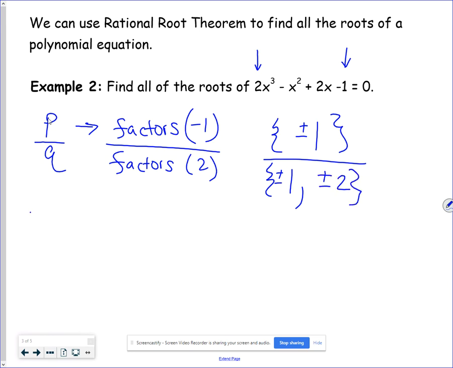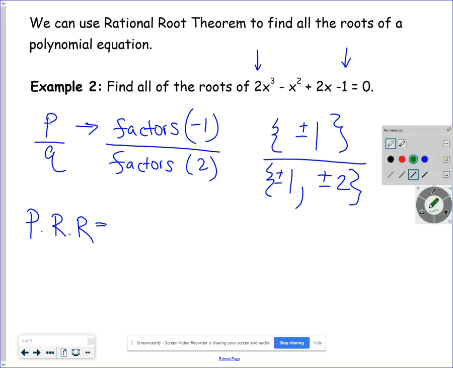So I want to generate this list. I'm going to call this my list of possible rational roots, so we're just going to call it PRR, possible rational roots. So here's what we're going to do. We're going to take all the numbers in my numerator, which is positive and negative 1, and put them over all the bottom numbers.